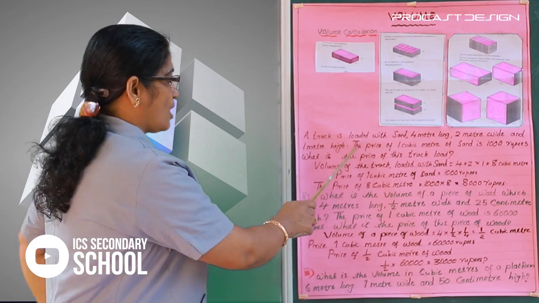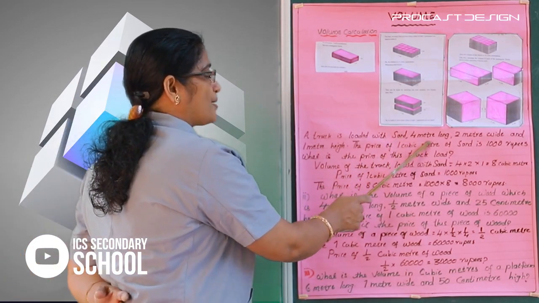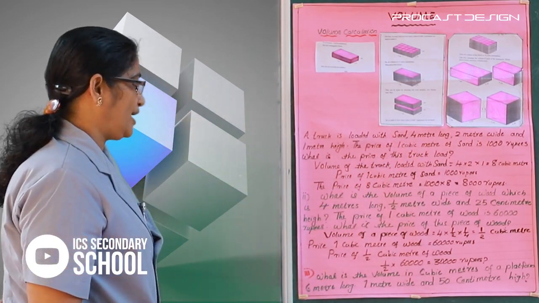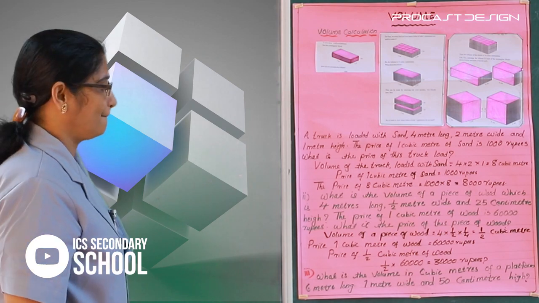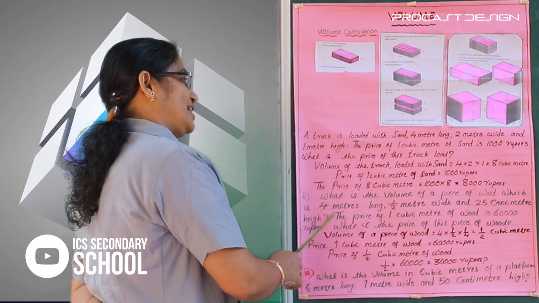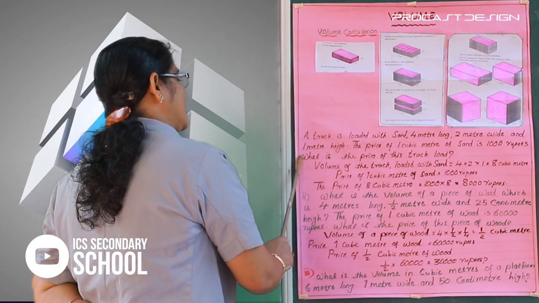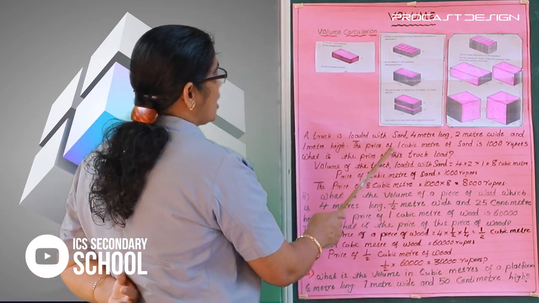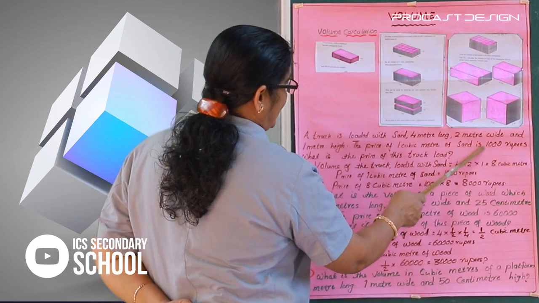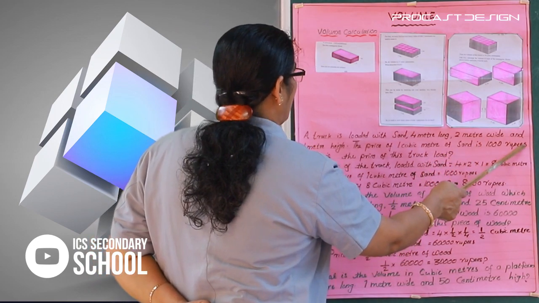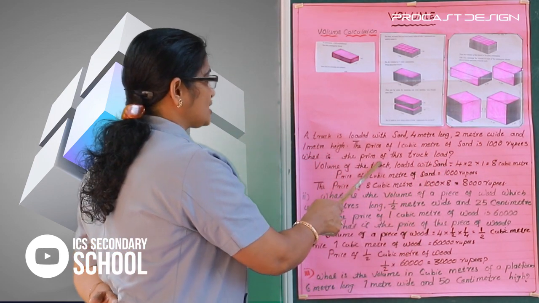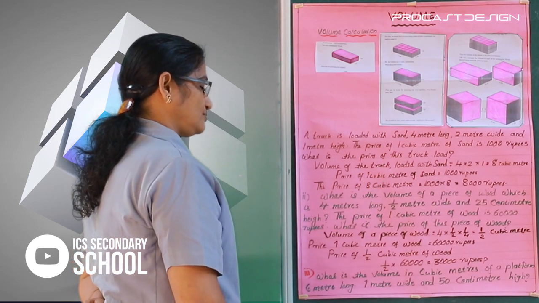Next activity, second. A truck is loaded with sand 4 meter long, 2 meter wide and 1 meter high. The price of 1 cubic meter of sand is 1000 rupees. What is the price of this truck load?